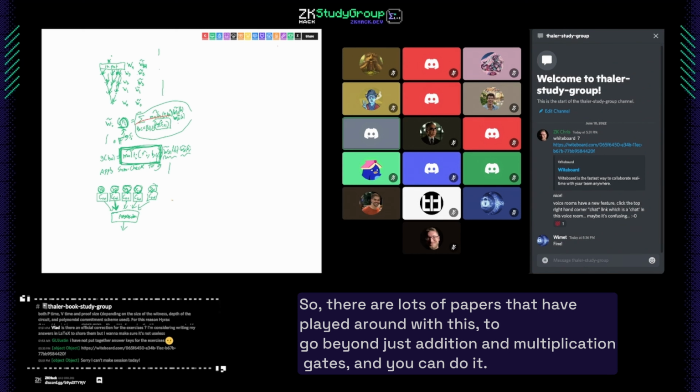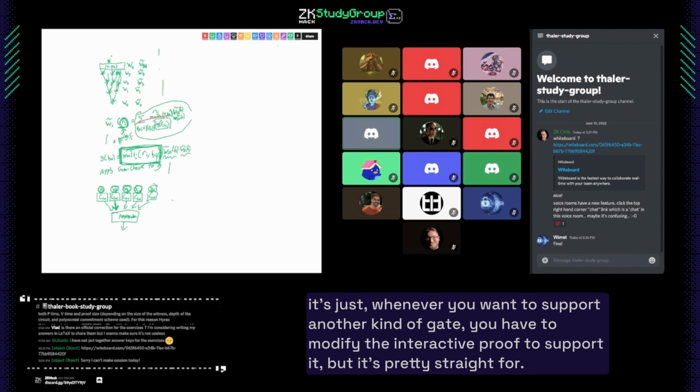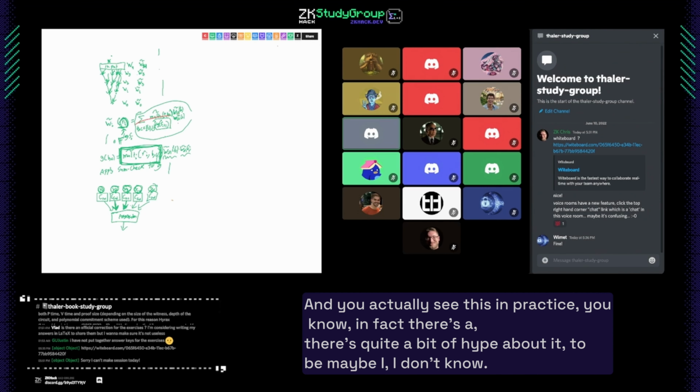Yeah. So there are lots of papers that have played around with this to go beyond just addition and multiplication gates, and you can do it. It's just that whenever you want to support another kind of gate, you have to modify the interactive proof to support it, but it's pretty straightforward to do. And you actually see this in practice. In fact, there's quite a bit of hype about it.